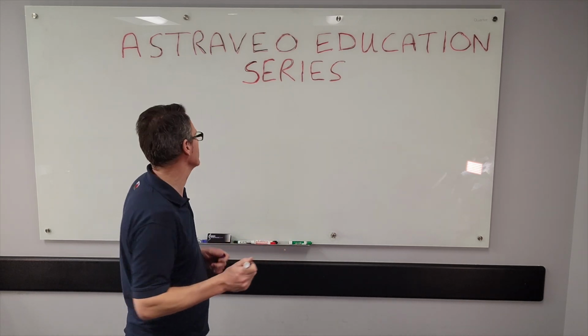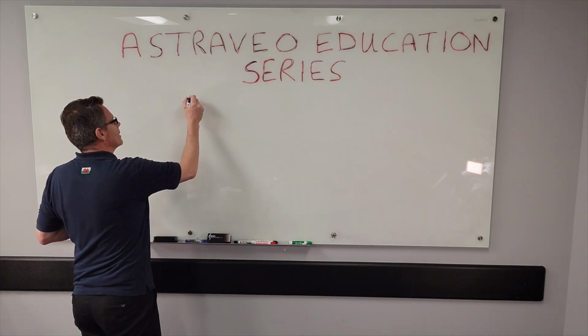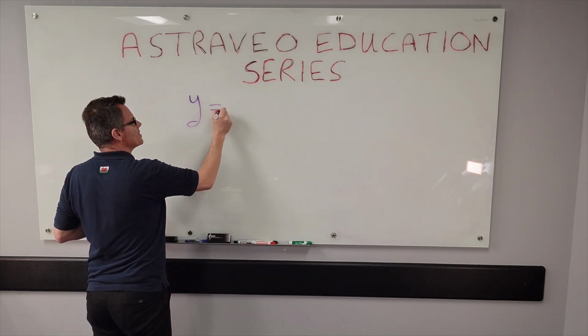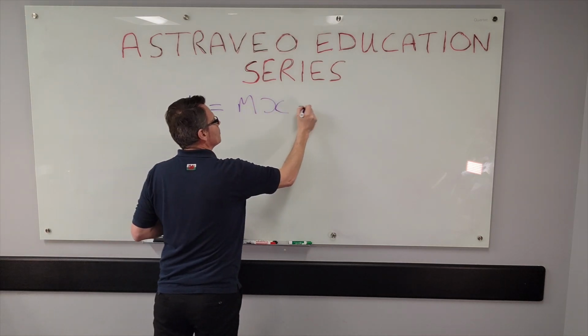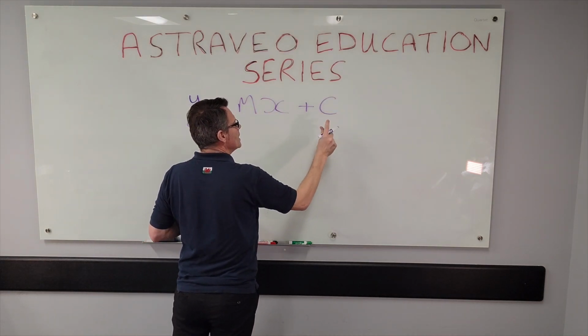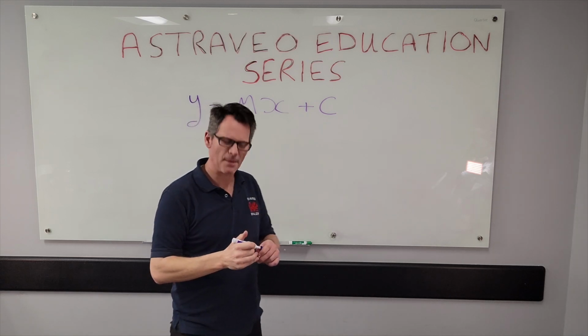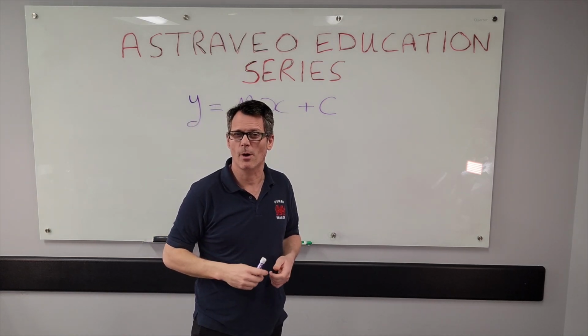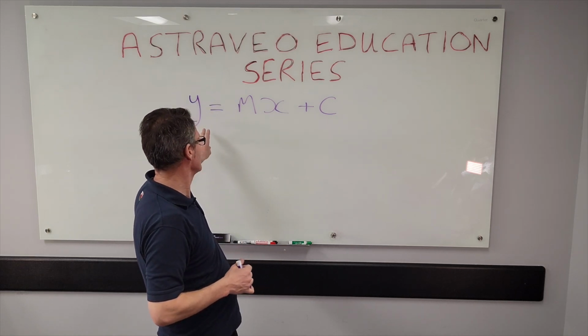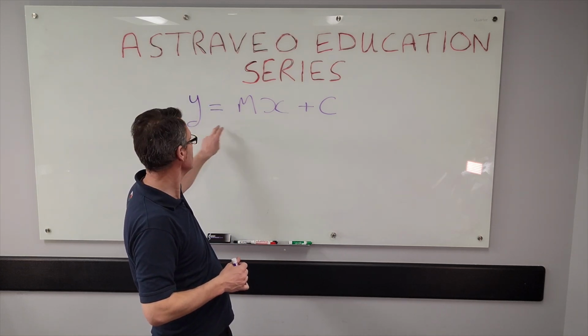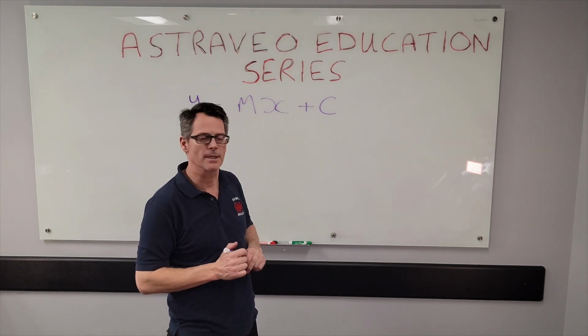And here's what it looks like. It can be generalized, and I'll explain all the symbols in a second. mx plus c. Sometimes this c is written as b, it depends which country you're from, which culture you grew up in, which education system you're part of. But the generalized expression can be written as y equals mx plus c.